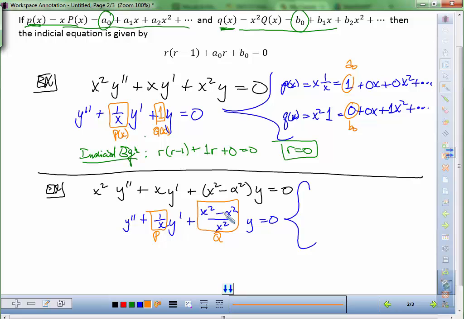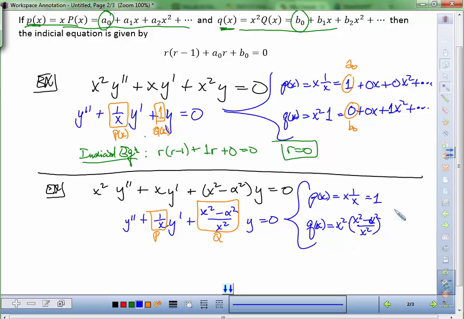So little p is equal to x times capital P. That looks like it's the same thing, which is going to be 1. So our A naught is equal to 1 again. Our little q is equal to x squared times capital Q, x squared minus alpha squared over x squared.